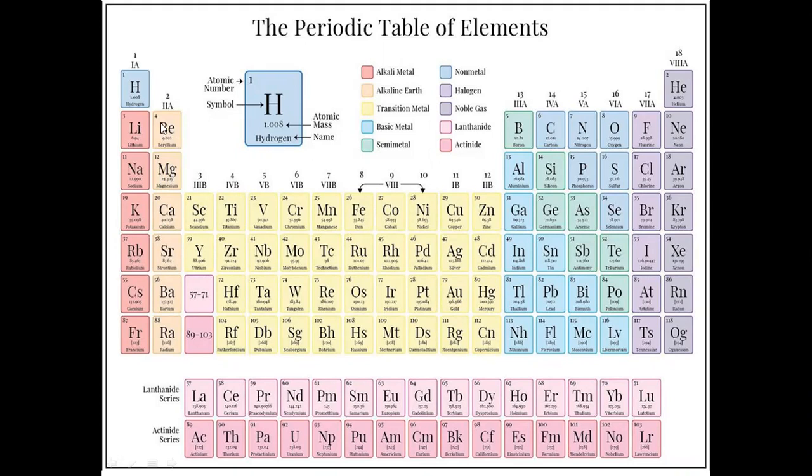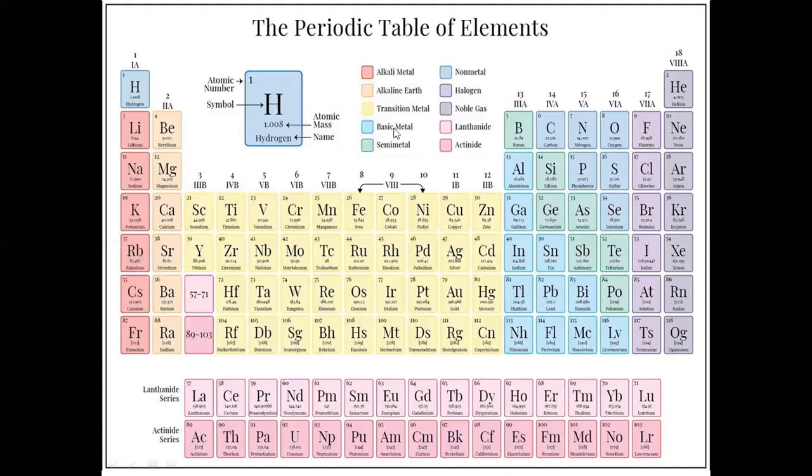Then 2 in the first shell and 2 in the second shell, so the outer shell has 2 electrons. If I go for boron, 2 in the first shell, 3 in the second shell. 2 in the first, 4 in the second; 2 in the first, 5 in the second; 2 and 6; 2 and 7; 2 in the first, 8 in the second. Observe.